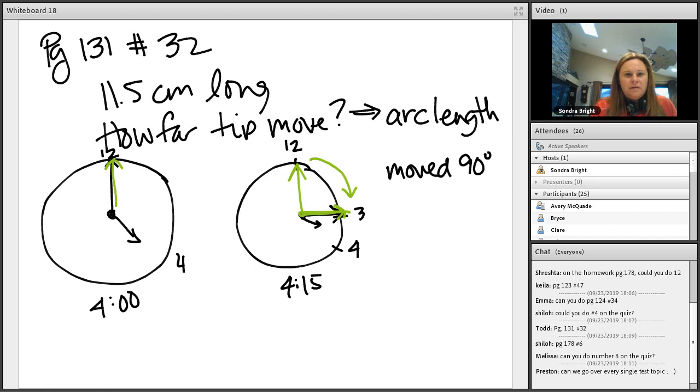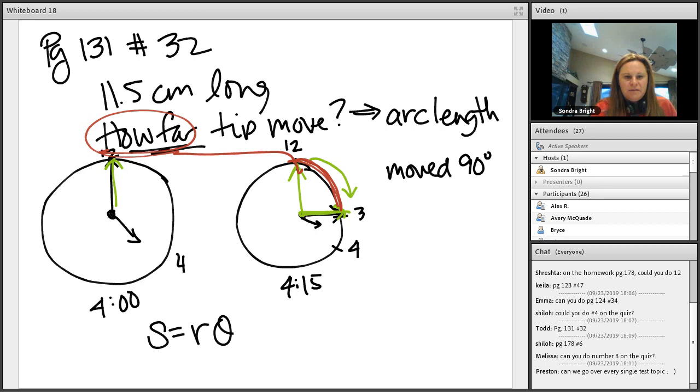That's the angle. We want how far, and what that's asking for is arc length. We want this. That's how far it moved. How far is that red part? All right, so that's arc length. S equals r theta, where your theta must be in radians. All right, so the minute hand is 11.5 centimeters long, so that is your radius.